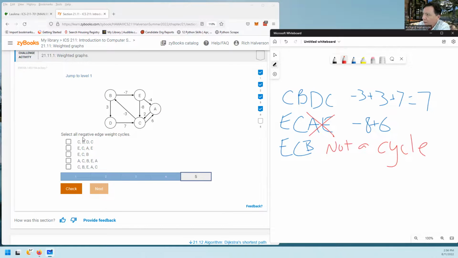How about A to C is 2, to B, C to B is -3. B to E is -7. And E back to A again is -4.